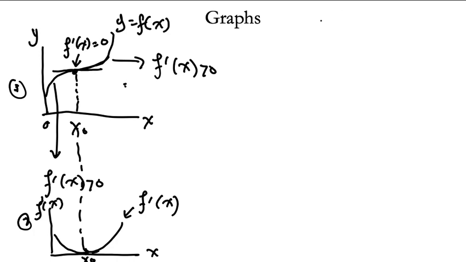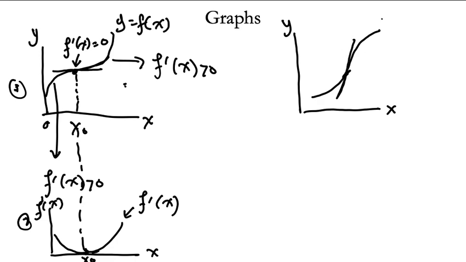Okay, now let's look at the second graph. So let's say we have something like this. At this particular point, we can draw one line that passes through this point. Now this one is y as a function of x as well.